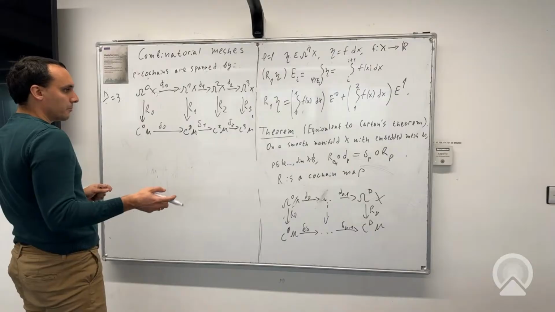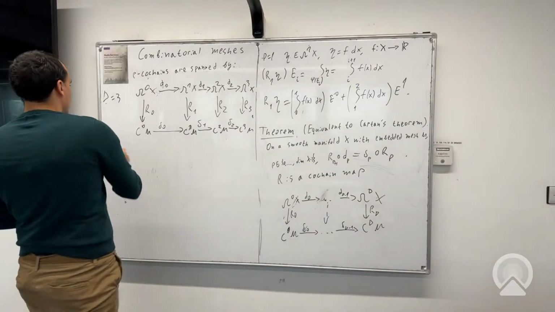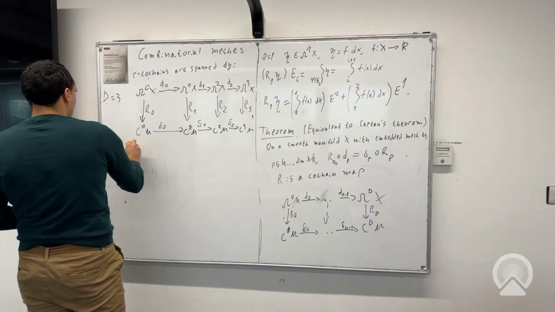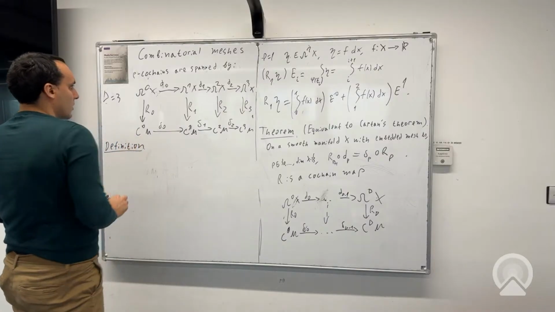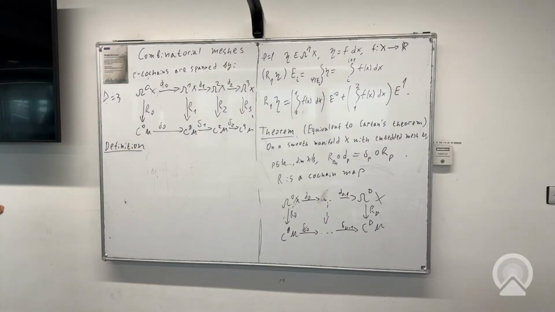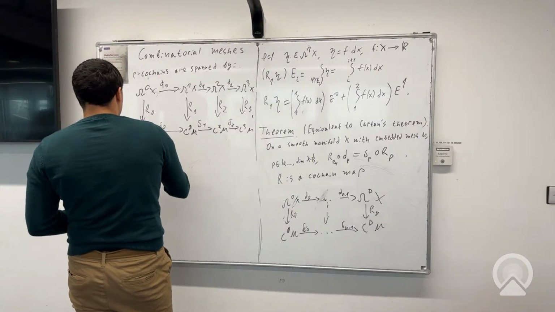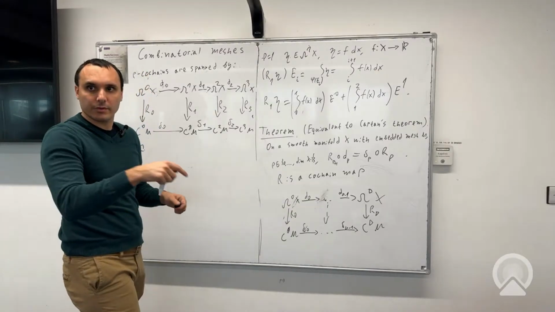An example of a map that discretizes beautifully is the trace map. Yeah, I'll finish now.